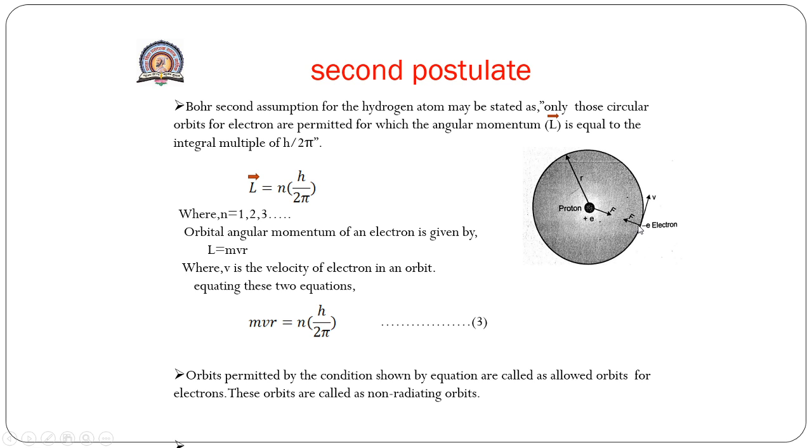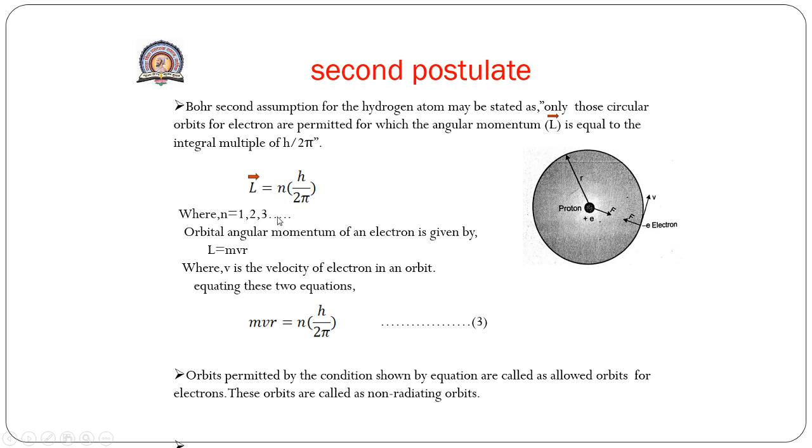Now Bohr's second assumption for the hydrogen atom may be stated as: only those circular orbits for electrons are permitted for which the angular momentum L is equal to an integral multiple of h upon 2 pi. Now L is equal to n into h upon 2 pi, where n is an integer having values 1, 2, 3.